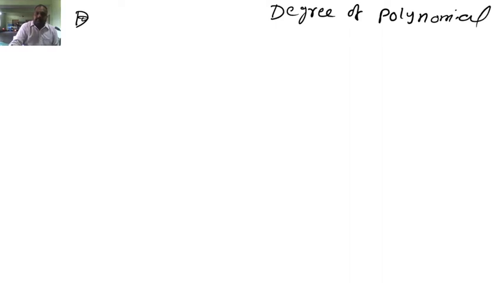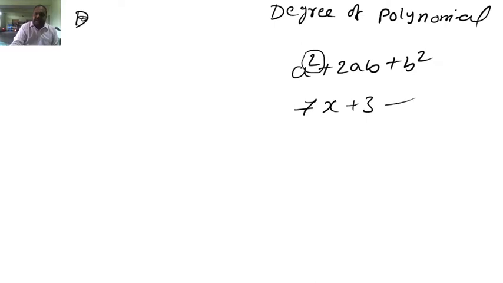Okay, now degree of polynomial. A square plus 2ab plus b square is a polynomial. Degree is 2. 7x plus 3, it is a polynomial.